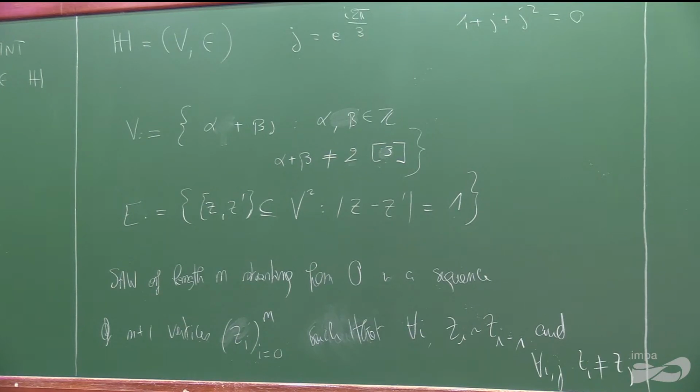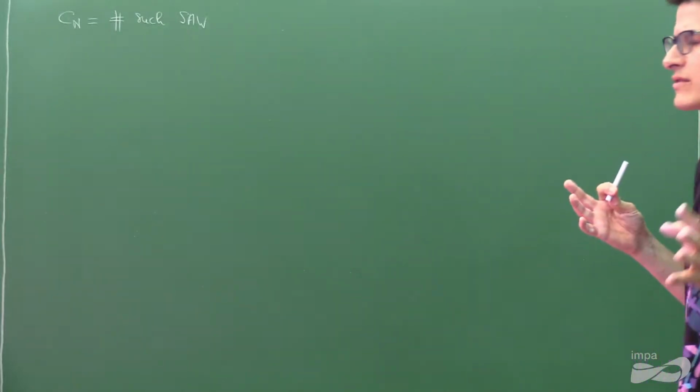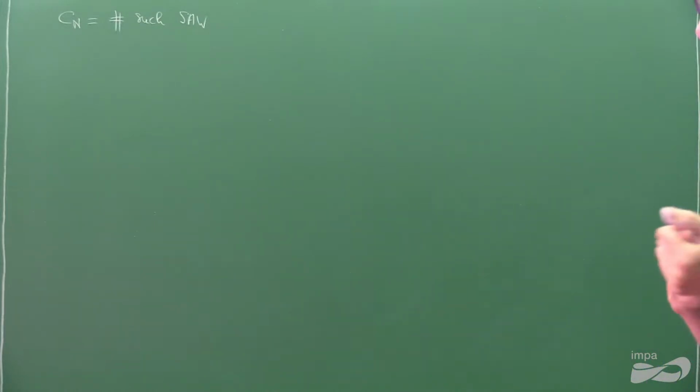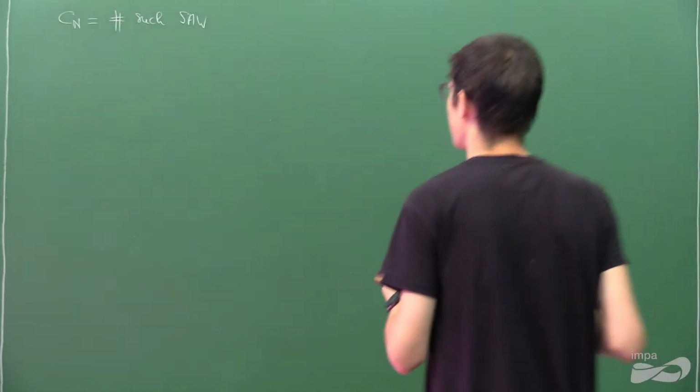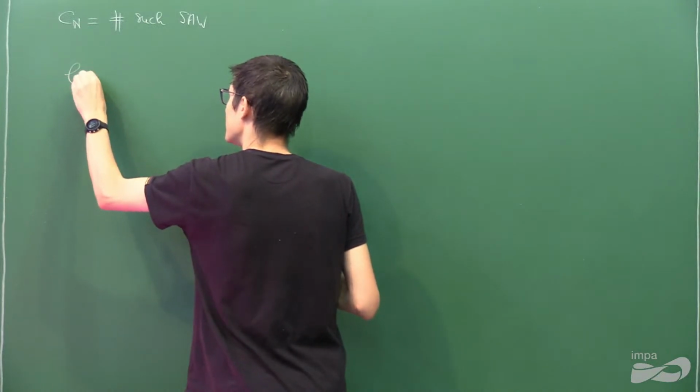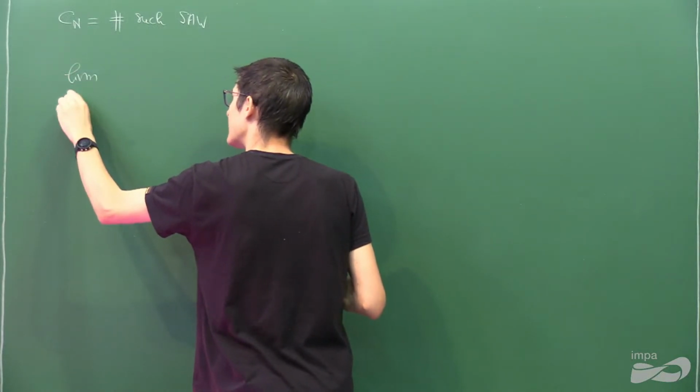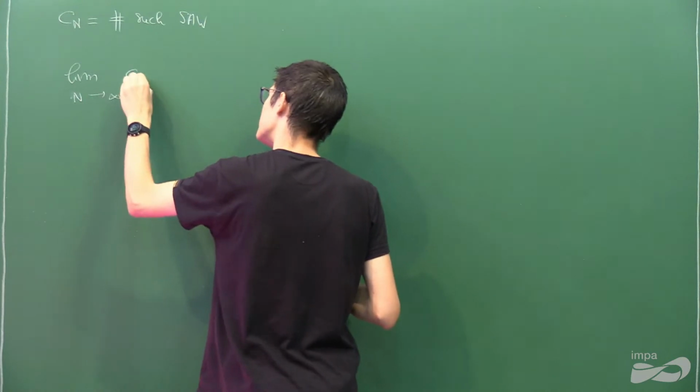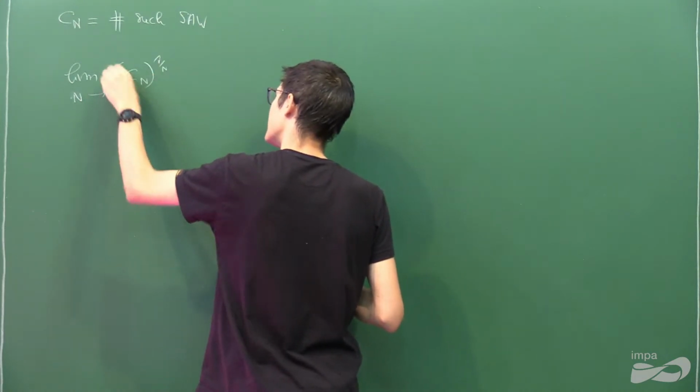Okay, and if you remember what we did in one of the first lectures of this course, I say that if we call C_n the number of such self-avoiding walks, basically we have that the limit when n goes to infinity of C_n to the 1 over n exists.